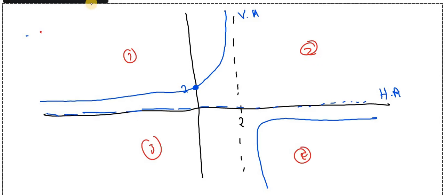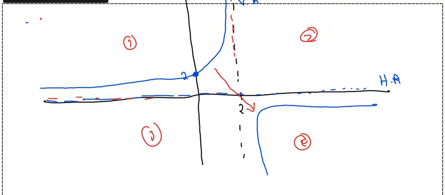So if your first graph is here because of the intercept, and we cannot cross, no wonder we are coming like this and going up, because we can never touch this line. So we just have to go as close as possible to it. The twin is going to be the opposite, in the opposite quadrant. So it's going to be here. This is why we are drawing this other one here.